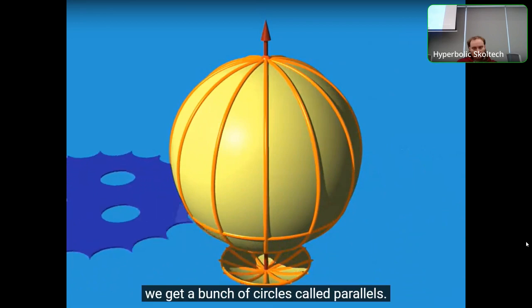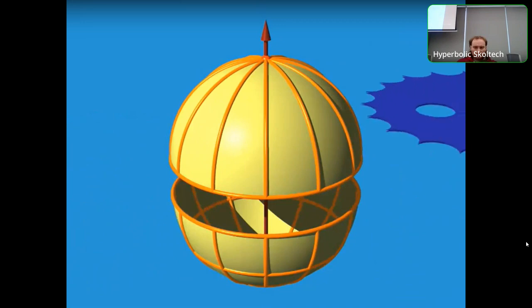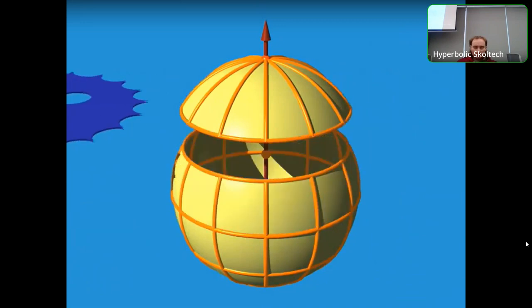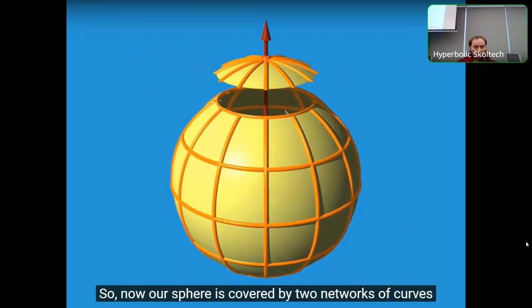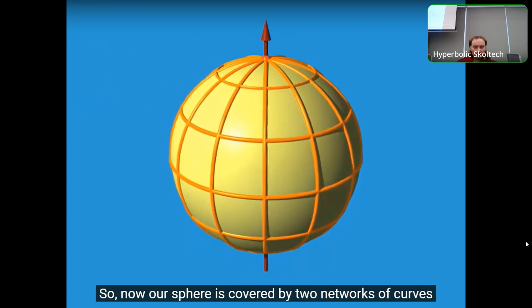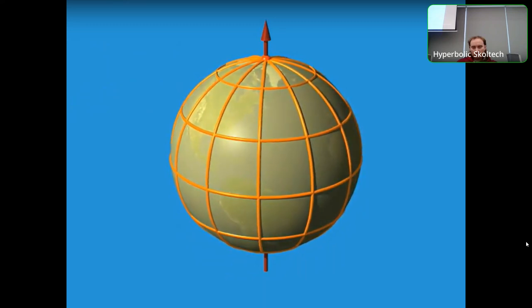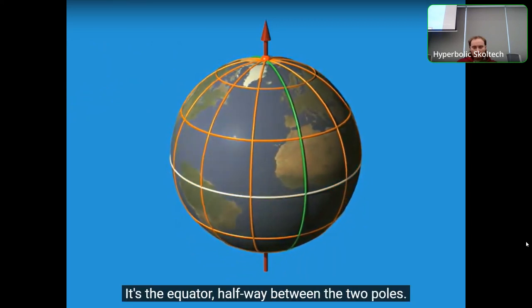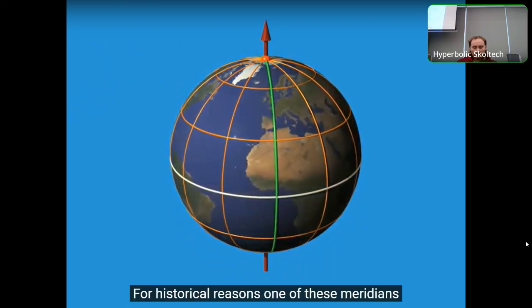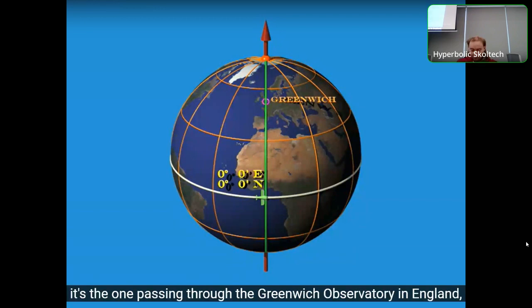We get a bunch of circles called parallels. So now our sphere is covered by 2 networks of curves, the meridians and the parallels. One of these parallels should be very familiar. It's the equator, halfway between the 2 poles. For historical reasons, one of these meridians was chosen to be the principal meridian. It's the one passing through the Greenwich Observatory in England.